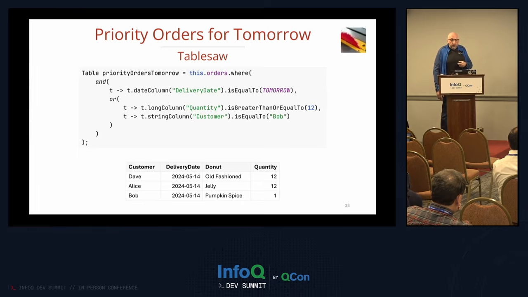If we see how it works with internal DSL, right, where it's just Java, and this is a Tablesaw example, again, it's very similar. You have a where method, but the expression itself is a Java expression.